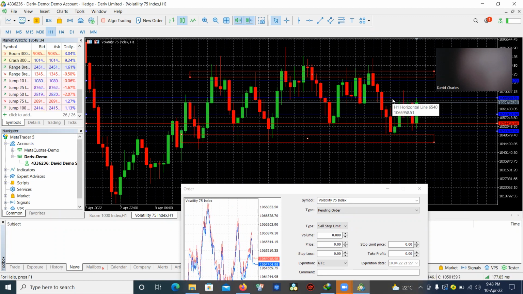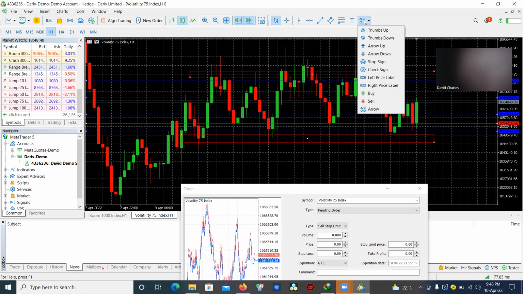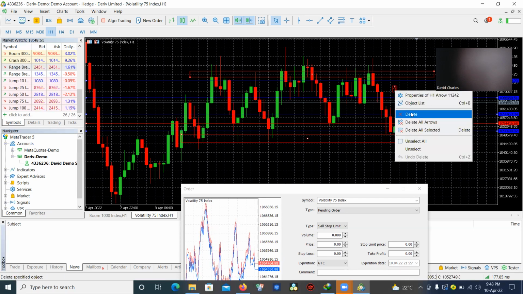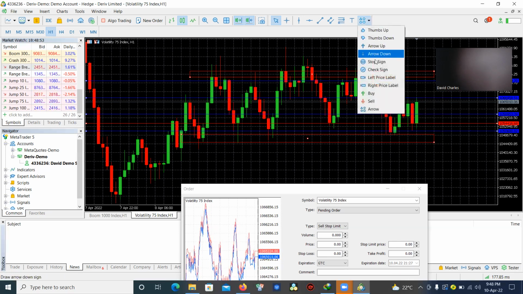I just want to take from here to this point. Let me use, in fact, an arrow so that I'm able to show you. What is wrong with this thing? Where is that other arrow?